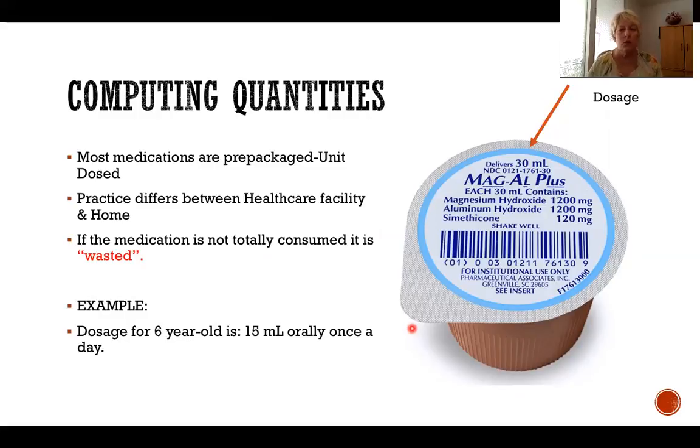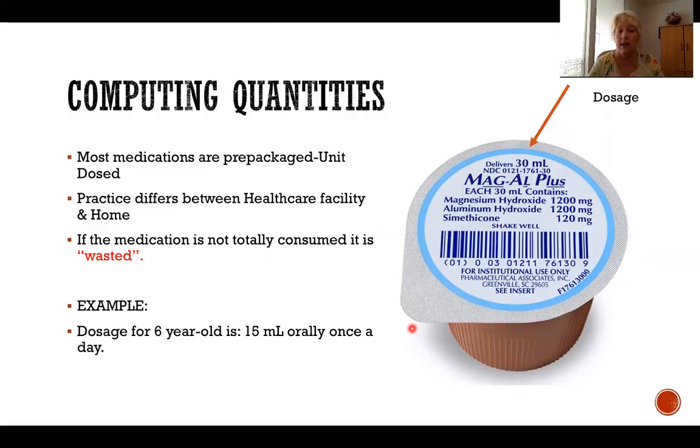So anytime you only use a portion of the medication that comes unit dosed, you drop it on the floor, or specifically if you go to the room and the patient refuses the medication, you've already drawn it up. Too bad, so sad, you're going to have to throw it in the trash.